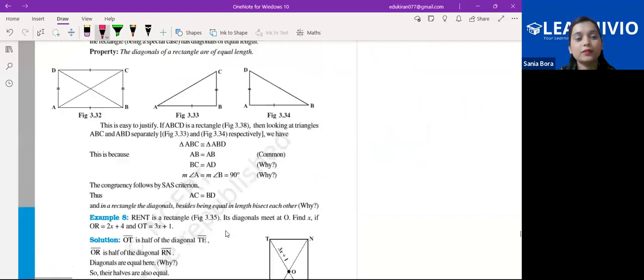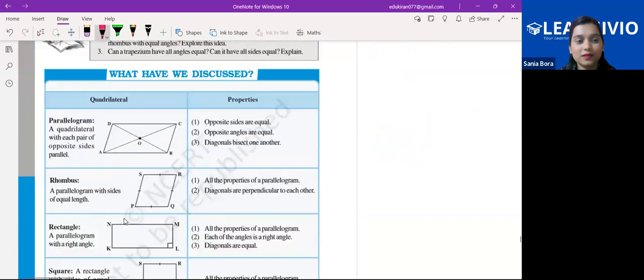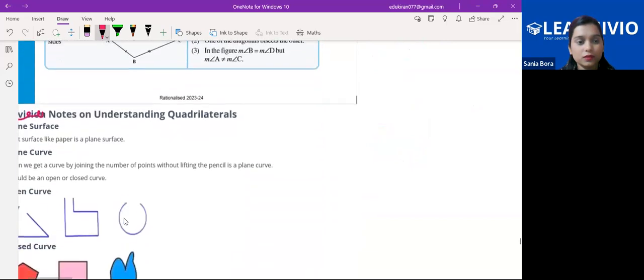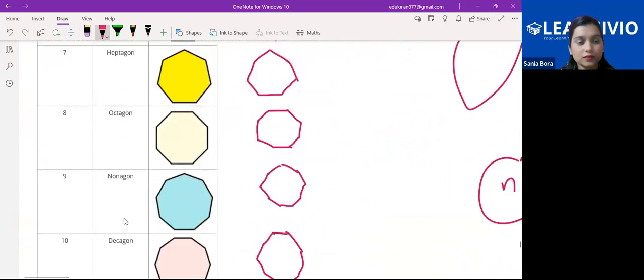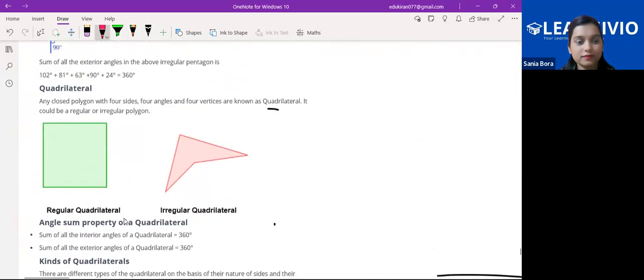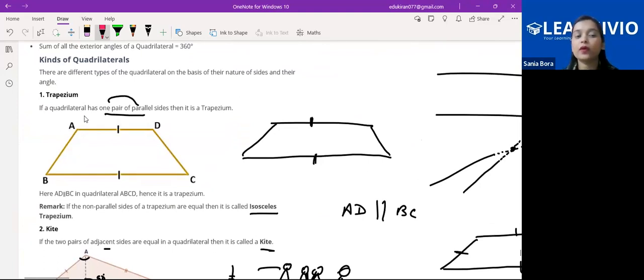Okay, let's come to the trapezium. Ma'am, one of the properties is the same, right? If a quadrilateral has one pair of parallel sides, then it is a trapezium. Hence, AB is parallel to BC. So this is the trapezium property.